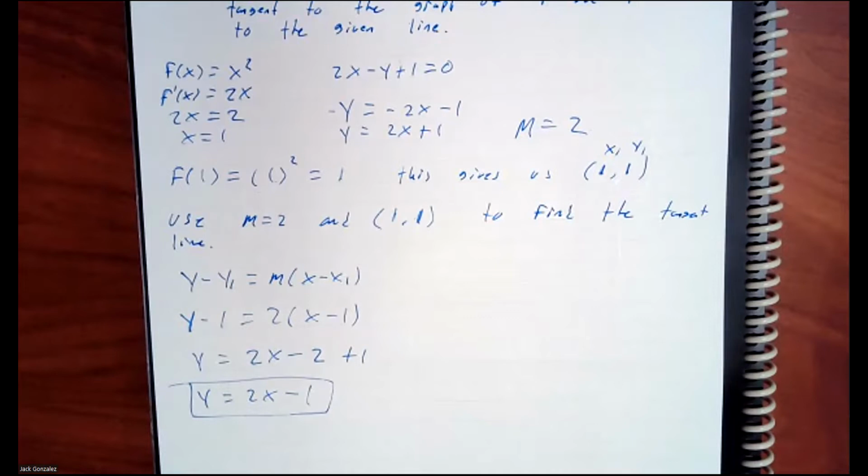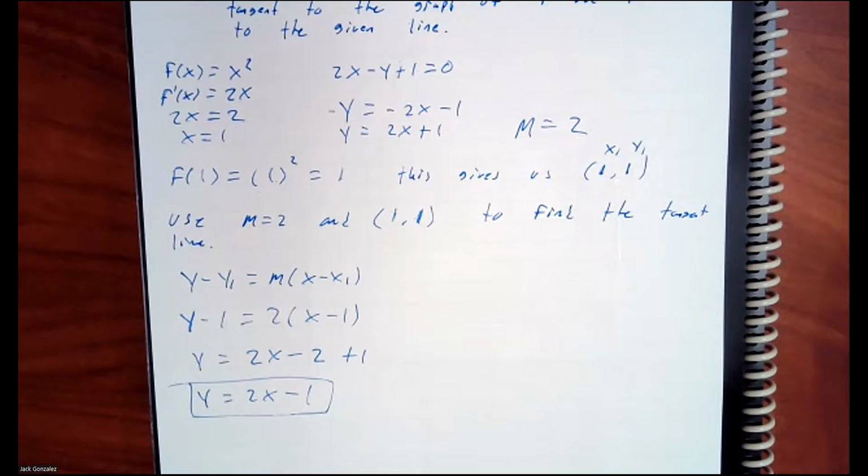Okay, so we found the slope to be 2 for the random line they gave us, right? So then the derivative must be equal to 2 as well for them to be parallel. We want the tangent line to be parallel to this random line.